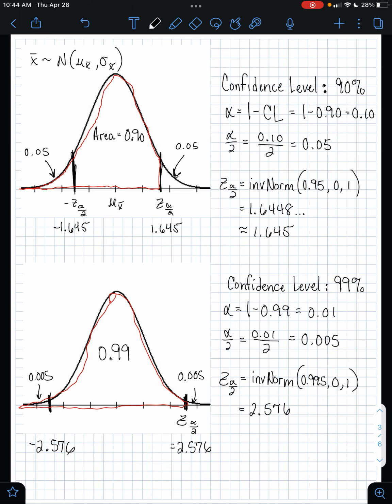So we need a broader interval because, well, if you want to have a higher chance, you need to cover a larger area. Think of it like fishing, if you will.